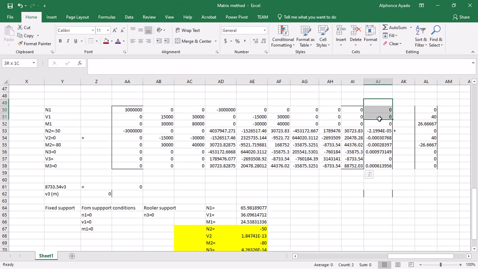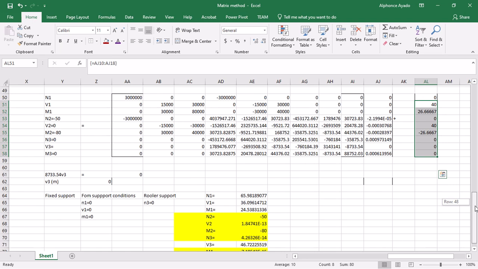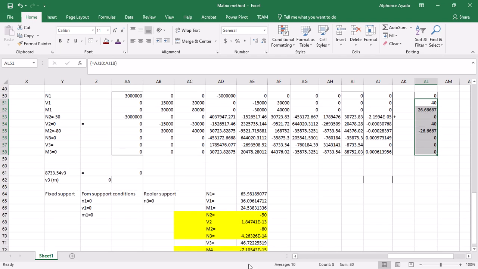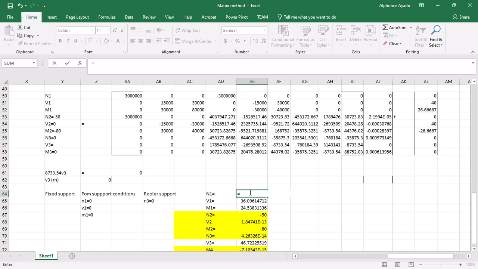You can add your displacements and the fixed-end moments. Then you're able to solve everything. For example, here, just to demonstrate how to get one. So for example, N1 equals what? Equals this matrix.